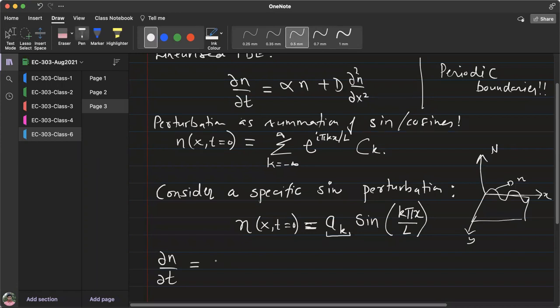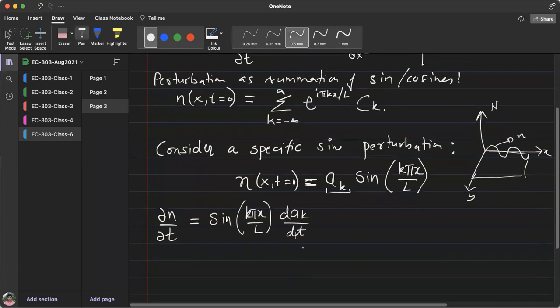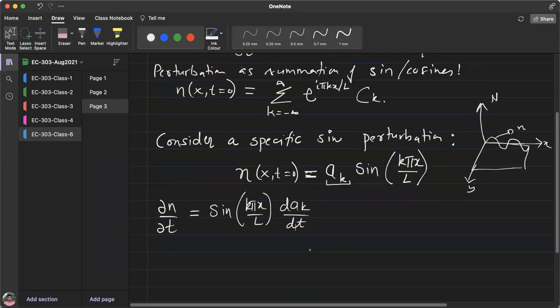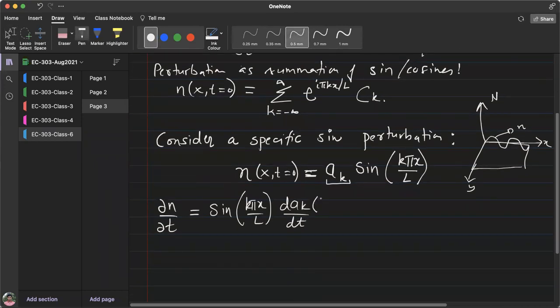So dn by dt becomes sine of k pi x by L times dA_k by dt. That means A_k should be thought of as depending on time. At t equals 0 this was the perturbation, but it doesn't remain the same; A_k will change over time.